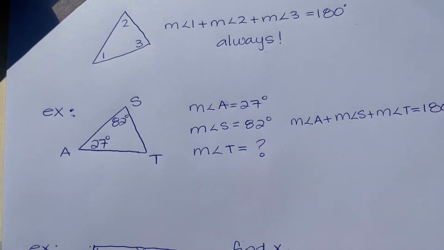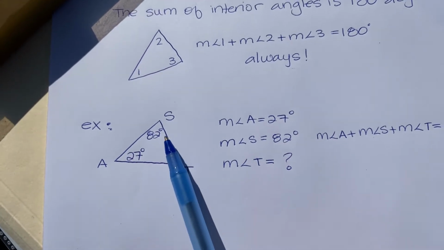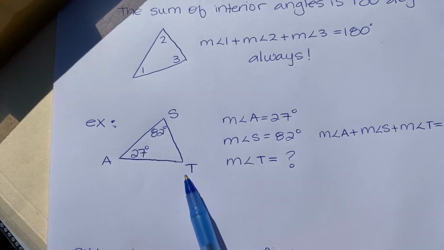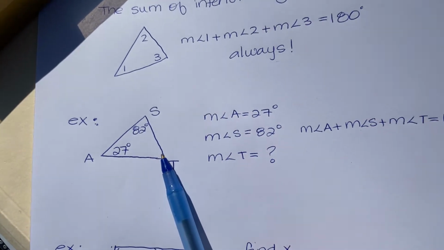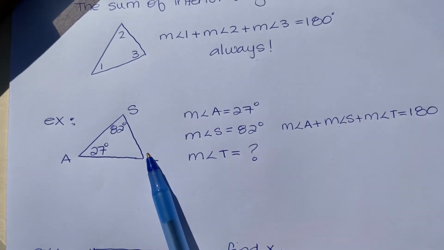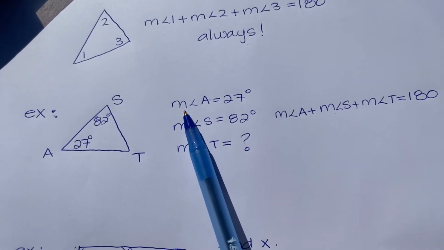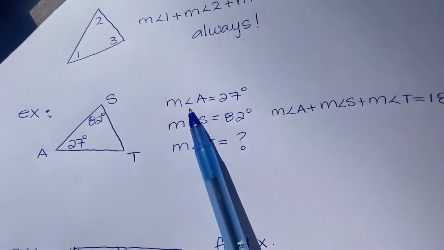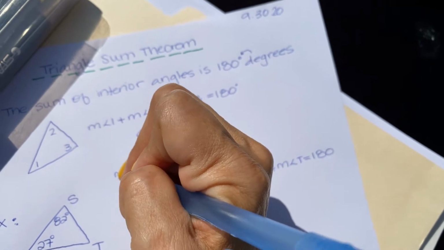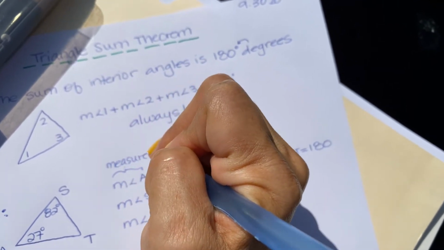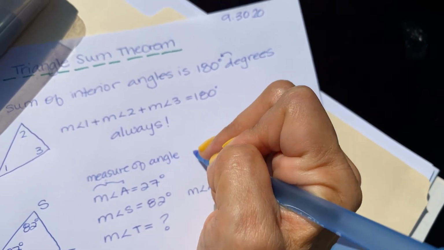Okay, so then here's your example. Angle A is 27 degrees, angle S is 82 degrees, angle T, we don't know, but we could very easily find out, right? Okay, so then I wrote it here. Remember that little lowercase m means measure of. So this right here means measure of angle, and then whatever the angle is.